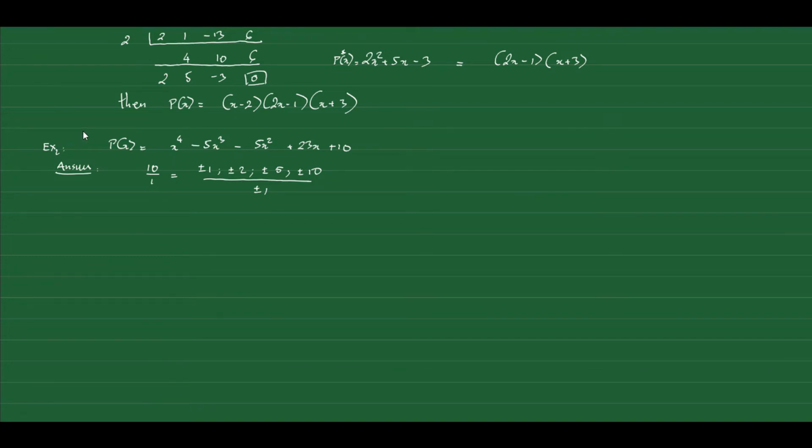We do synthetic division. All you do is plug them in. I'm going to do synthetic division. I'm just going to pick a random positive one and do synthetic division.